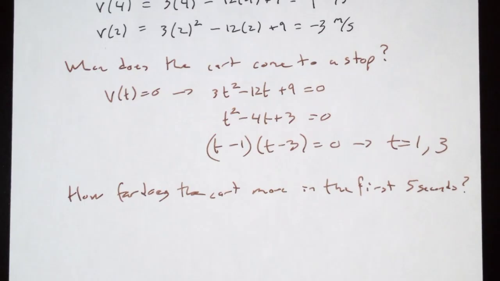How do I figure out how far I went in the first 5 seconds?